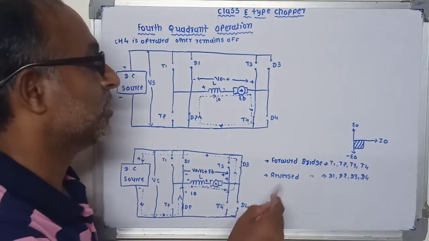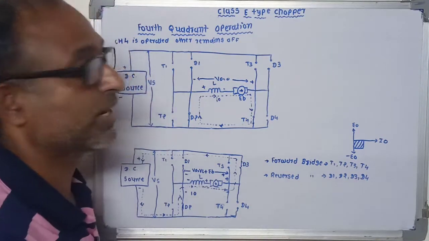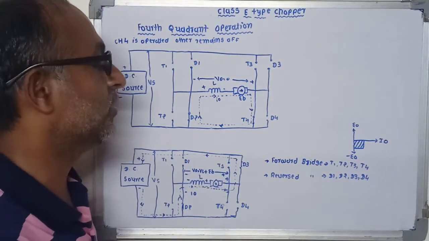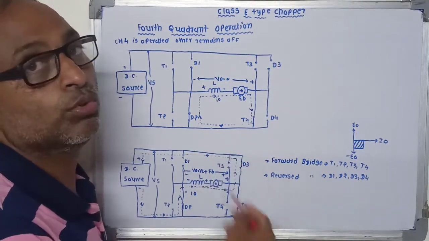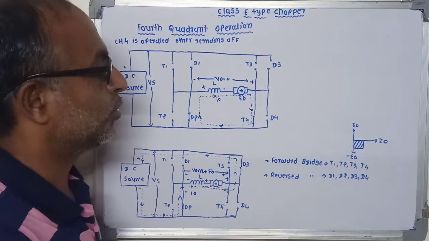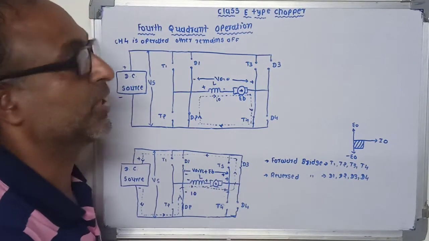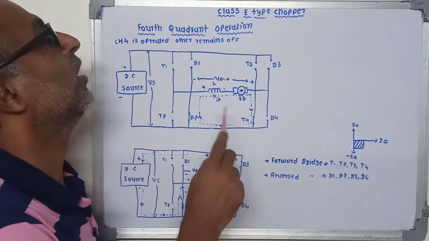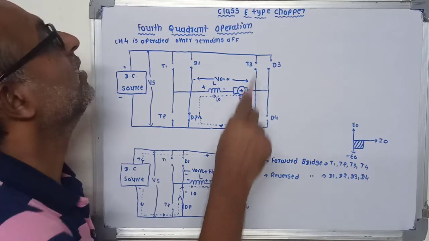Another bridge is formed by the diodes D1, D2, D3 and D4. It is called the reverse bridge. During this operation, power can flow from load to source. So this is most important: the forward bridge and the reverse bridge. So this is a total four quadrant operation that can be operated by the E-type chopper.